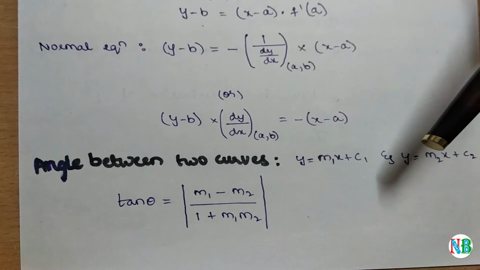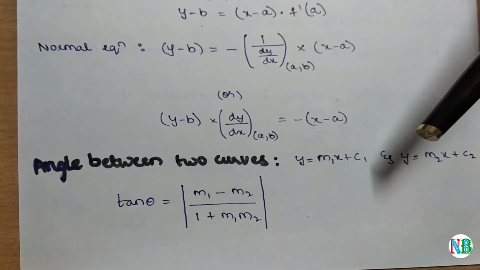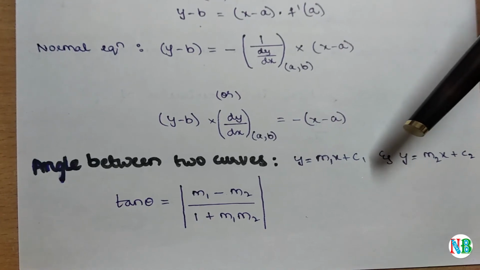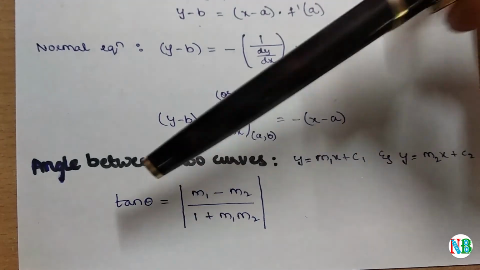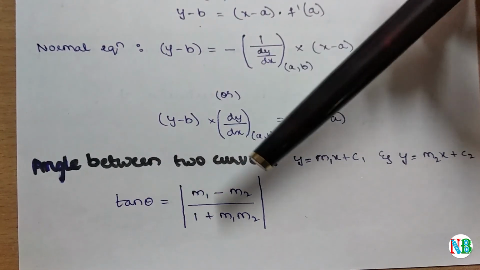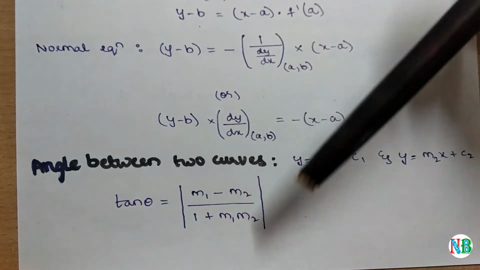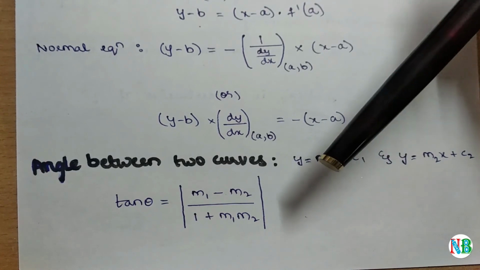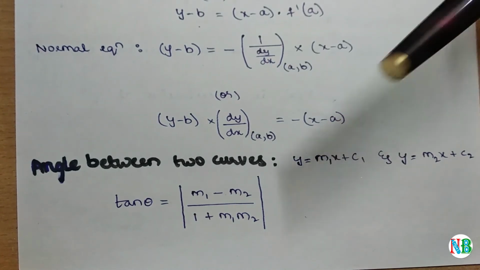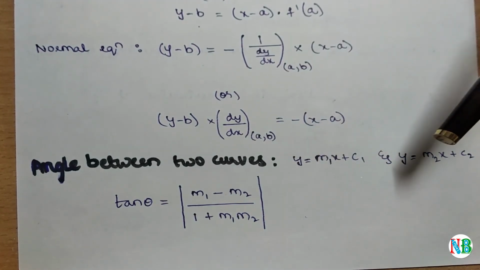The first thing we have to do is use the formula which gives the angle between the two curves in terms of tan. So tan theta equals the modulus of m1 minus m2 by 1 plus m1 m2. Here m1 is the slope of the first curve and m2 is the slope of the second curve.